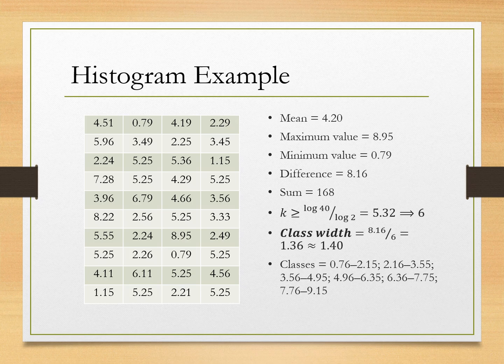So we use 6 classes, and class width is 8.16 divided by 6, which is equal to 1.4. This creates 6 non-overlapping classes from 0.76 to 9.15. This resulting histogram transforms 40 numbers into visual insights about the distribution pattern.